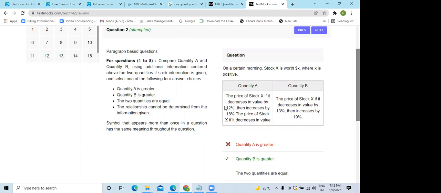So 19% of 87. 19 means approximately 20%, 1/5, right? It is around 17 to 18. So 87 plus 18 approximately works out to how much?